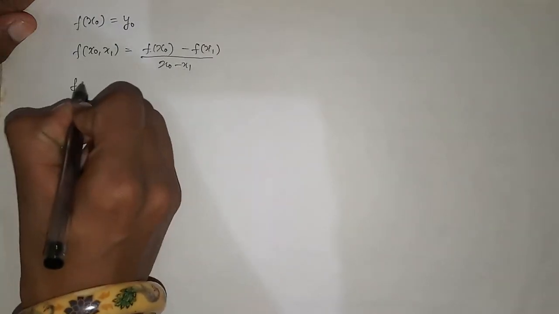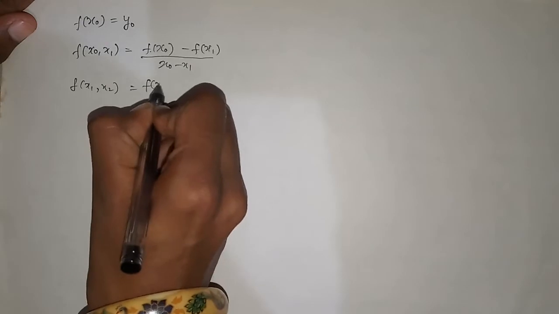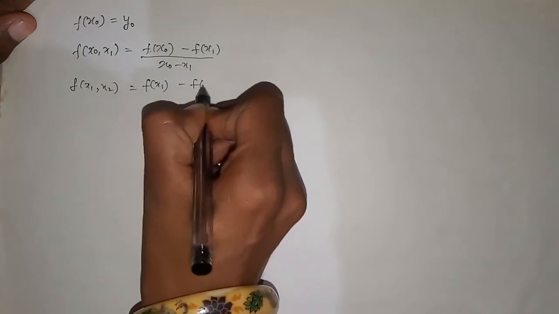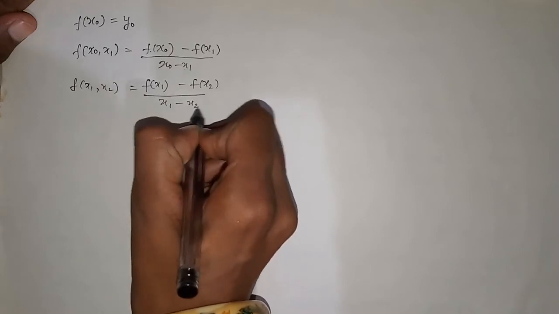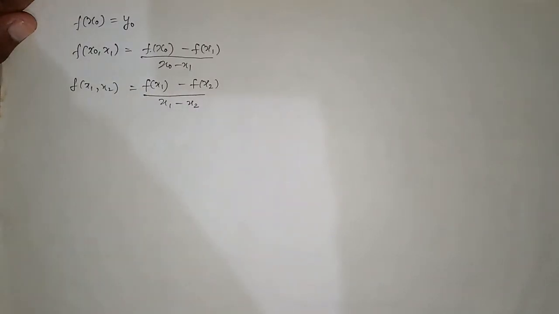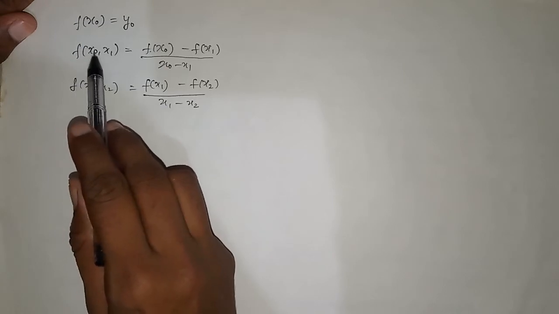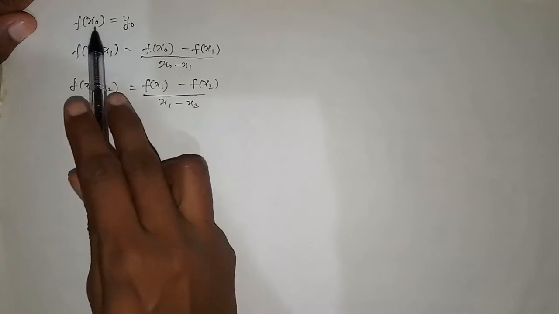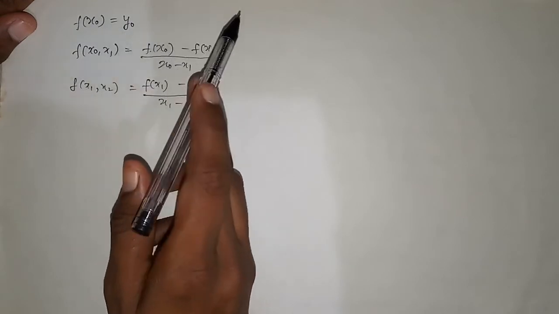So if we want to calculate f(x1, x2), then this is nothing but f of x1 minus f(x2) divided by x1 minus x2. So what we are concluding here is that to find f(x0, x1) we are using the previous values, which are f(x0), f(x1), f(x2) up to f(xn).